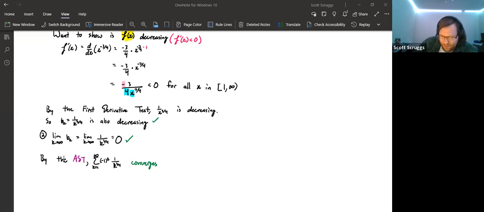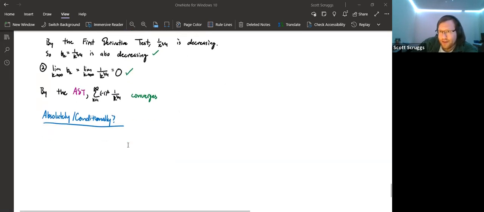However, because this is an alternating series, the next question then becomes, does the series converge absolutely, or does it converge conditionally?